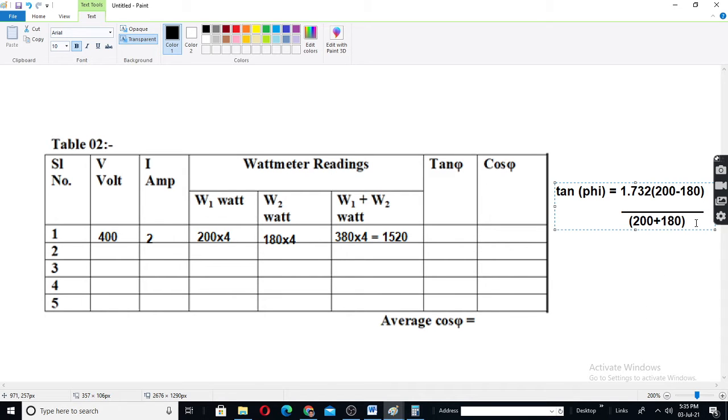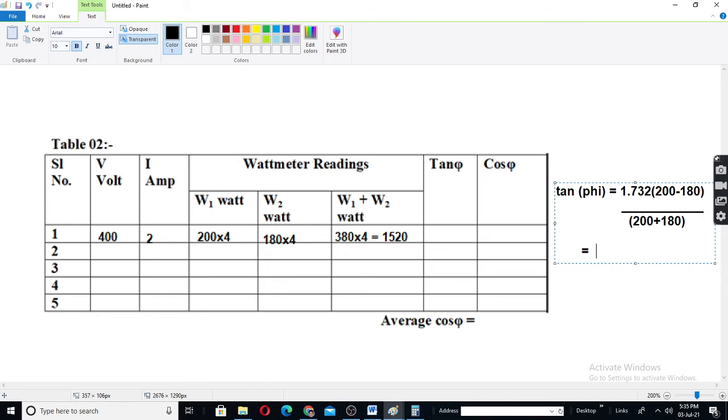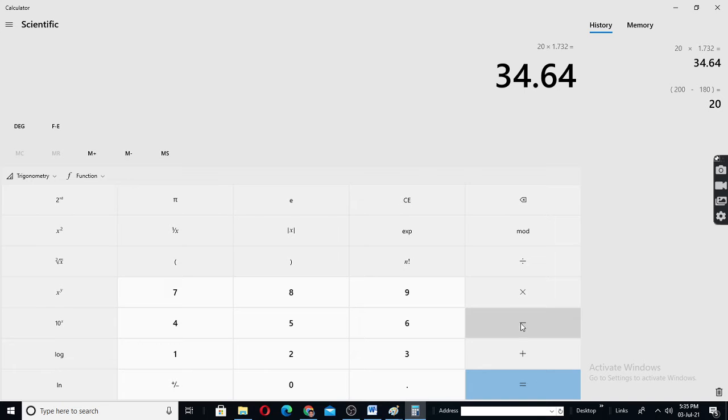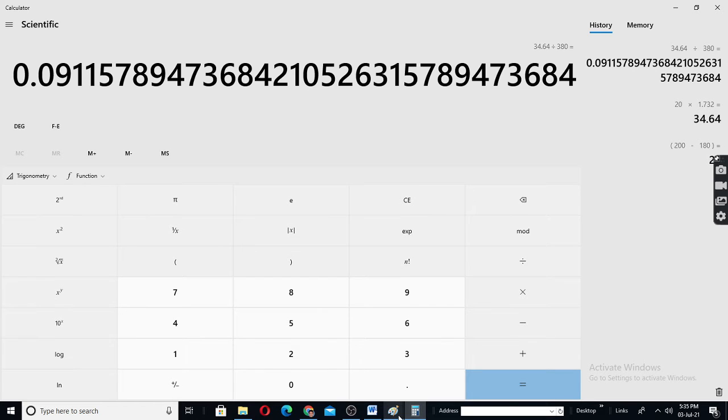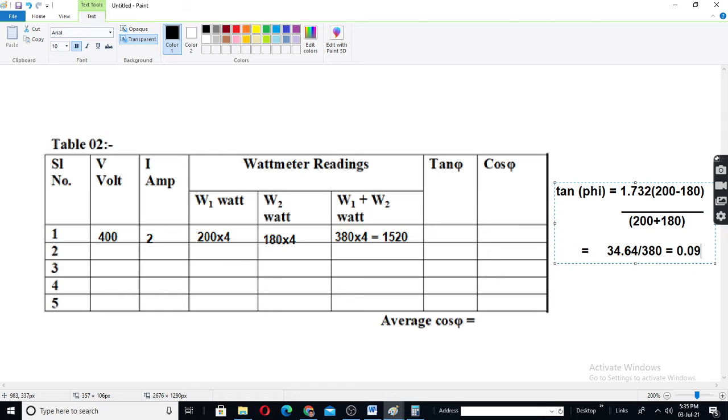When you do this, you will get 34.64 by 380, which is 0.09.